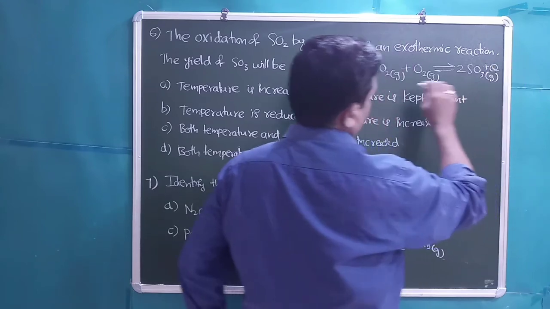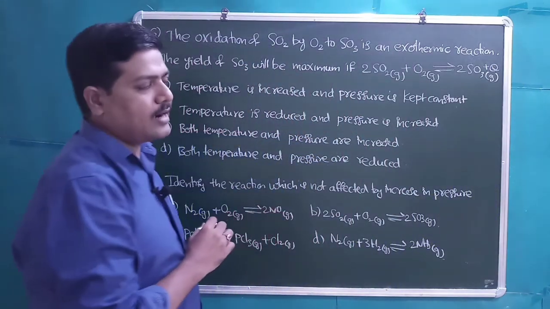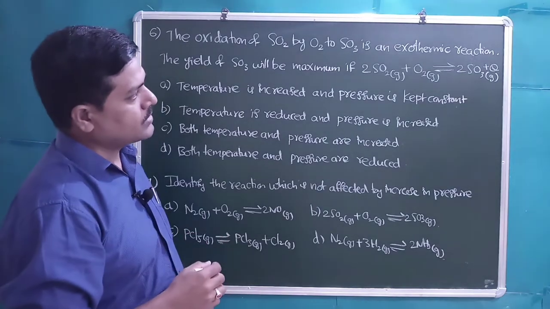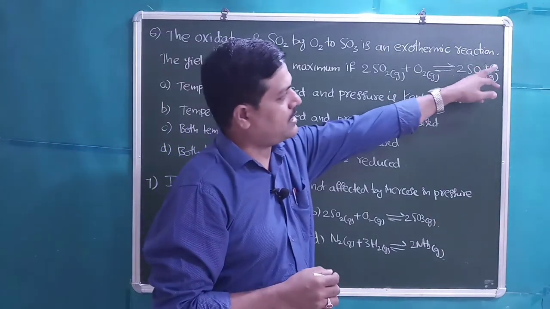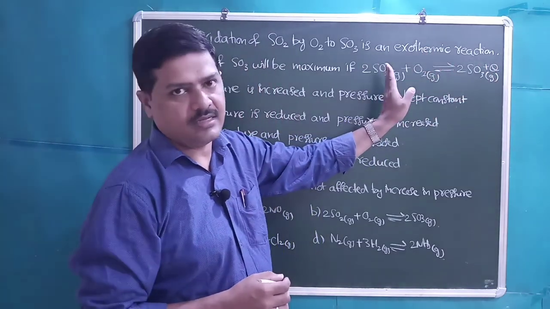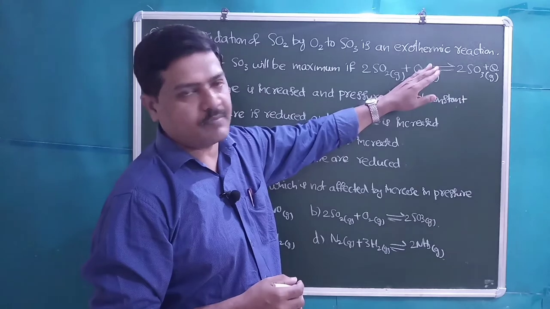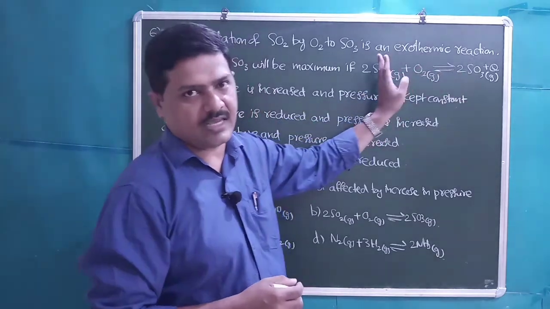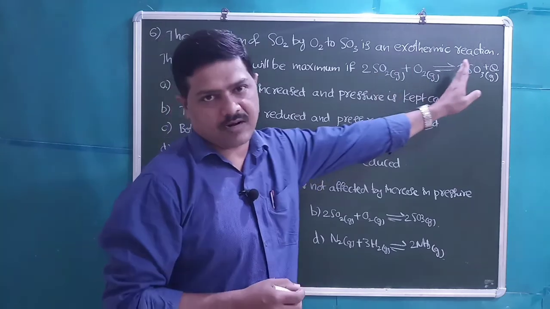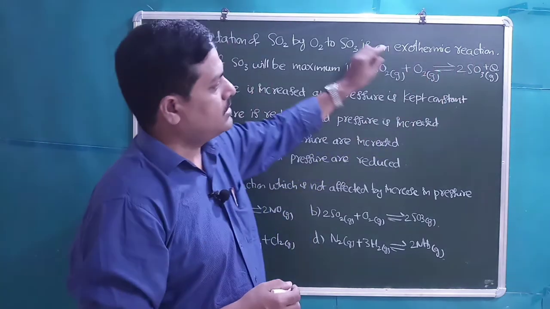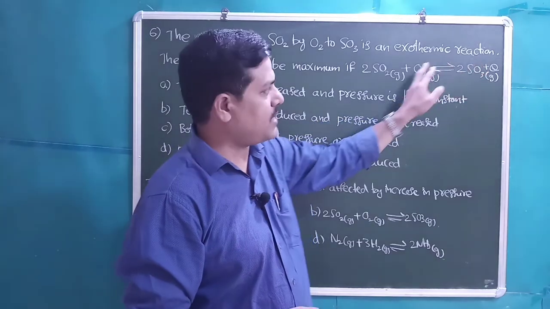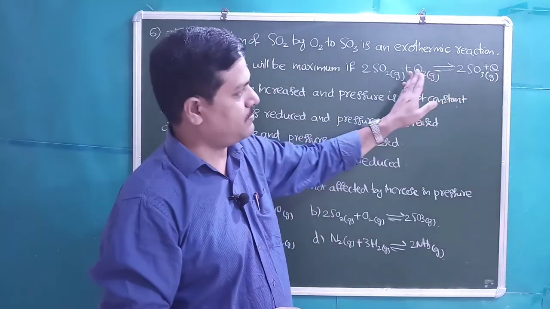According to Le Chatelier principle, as the temperature increases, the equilibrium will shift in the direction of consuming heat. Being an exothermic reaction, higher temperature will favor the backward reaction, right? Lower temperature will favor the forward reaction.